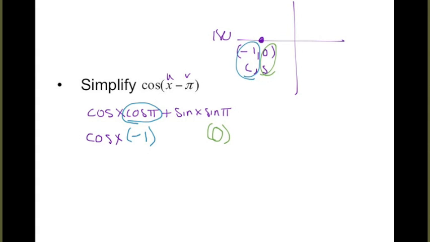We can't do anything with the x parts because those are variables, so we'll just copy those down. So then cosine of x times negative 1 is just a negative cosine of x. The sine of x times 0, well, anything times 0 is just 0. So this just becomes a negative cosine x.